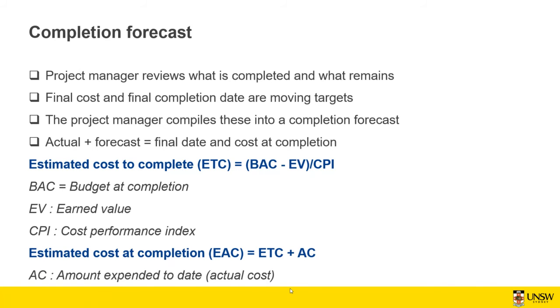And based on the estimated cost to complete, we realize that we need to spend another 100K to finish the project. So 100 plus 100 is going to be 200. So estimated cost at completion, or EAC, in this case is going to be 200.